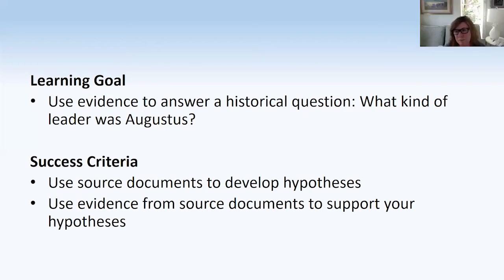And I think too, what you get in a lesson like this, rather than a lesson where the teacher just talks about who Augustus was and provides a conclusion to the students about what kind of leader the teacher thinks Augustus was, is some deeper thinking going on here with the students in their evaluation of these sources.